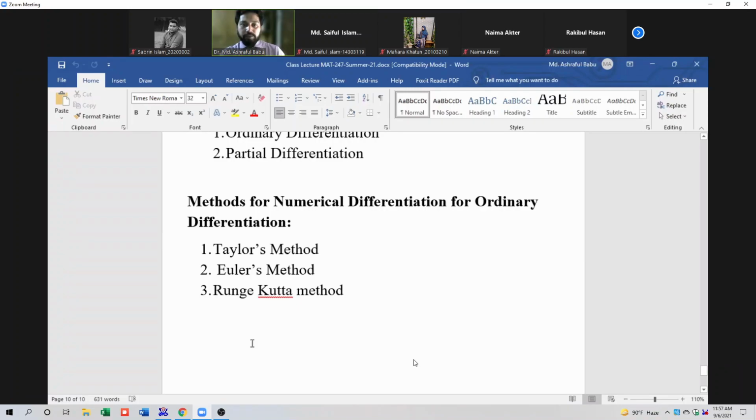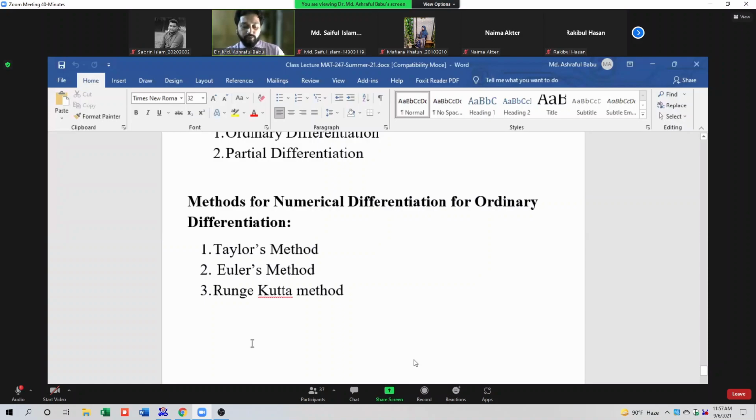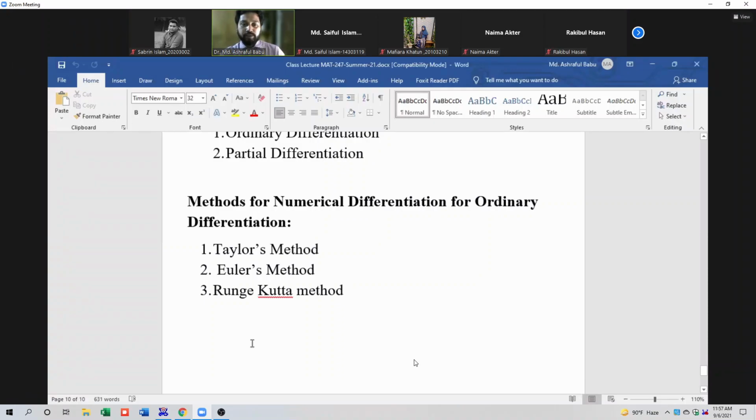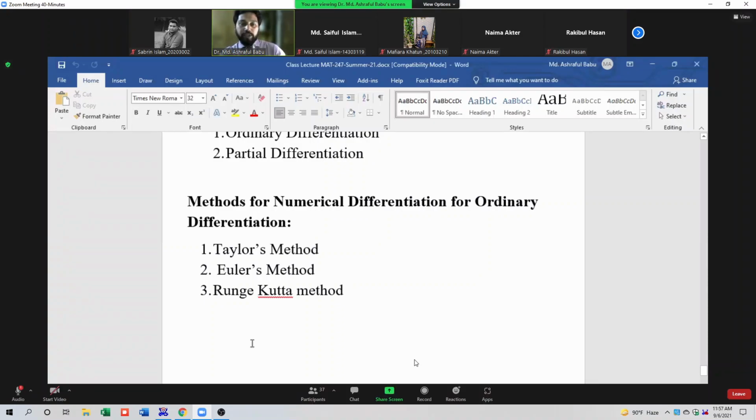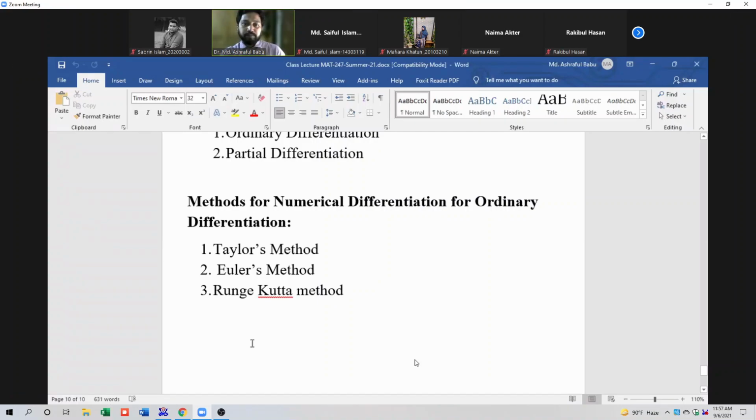In this method, the form of the differentiation, that means what types of problem we actually can solve, that is the form of the function.